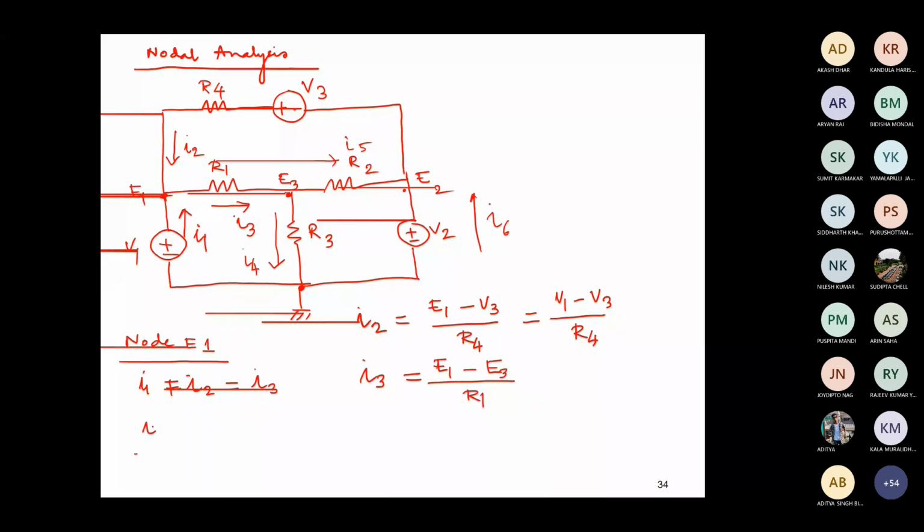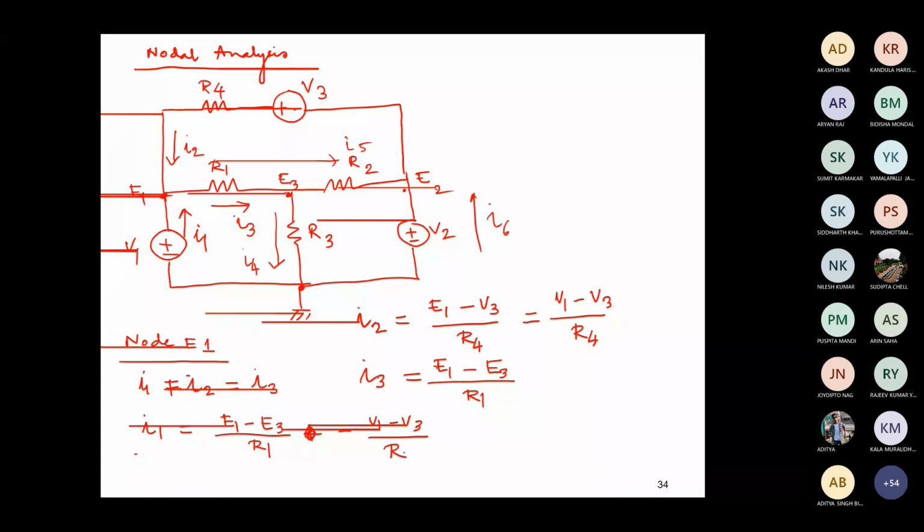So we can write I1 is equal to I3, so E1 minus E3 divided by R1, and then minus I2 on the other side, so minus V1 minus V3 divided by R4.